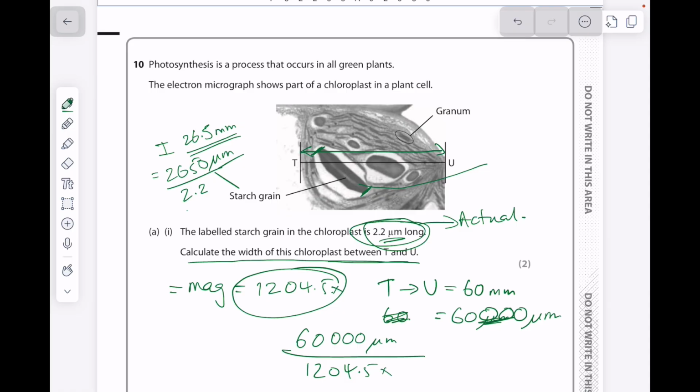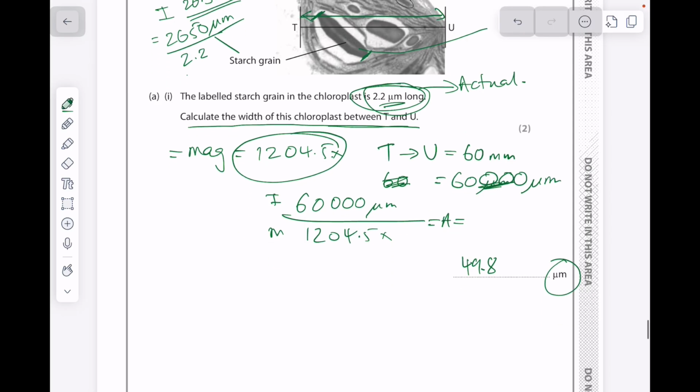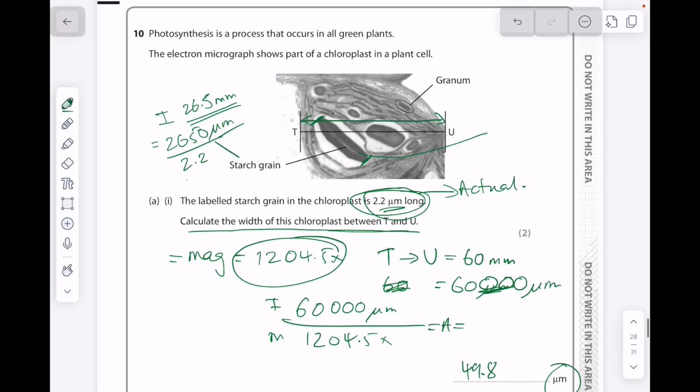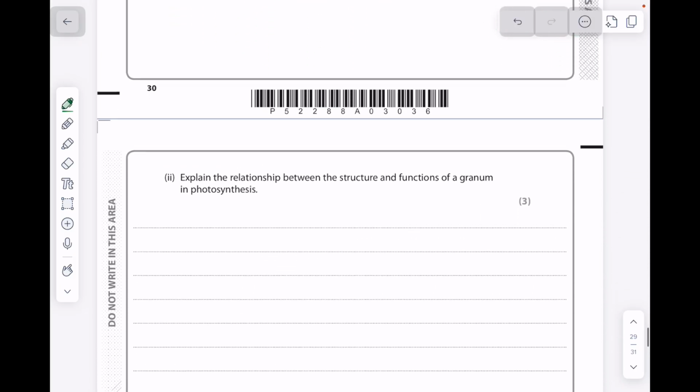Image divided by magnification should equal actual, which is 60,000 divided by 1204.5 equals 49.8 micrometers. Units are there. Okay, so yeah, that's how I would do that.